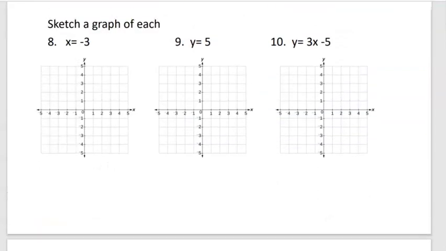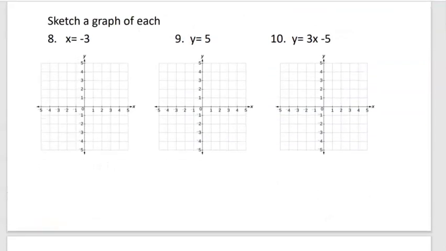The next set of problems ask you to sketch the graph. Number 8 has x equals negative 3. Anytime you have x equals, the graph will look exactly like this, where there is no y, only x and a number. So negative 3 is right here.